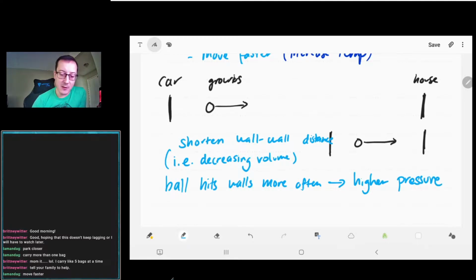Moving my car closer to the house, decreasing that distance, will allow me to get groceries in faster. I will be able to go to the house, then to the car, then to the house, then to the car, in the same amount of time as it would have taken me one trip before. And so I'm hitting these walls, the house and the car, more frequently. And that means higher pressure.